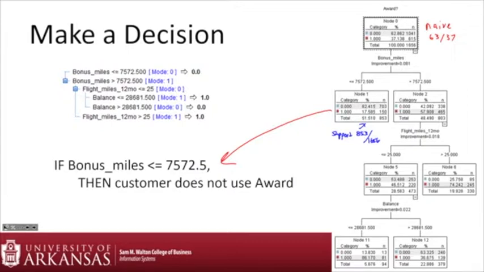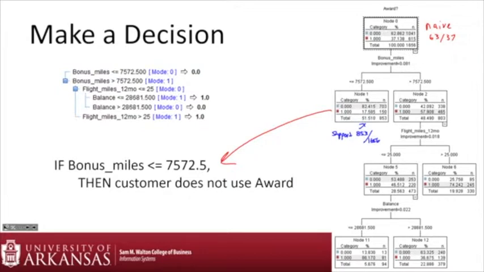Okay. On the next one, however, it's not an 82-17%, right? Now it's a 40-60 split. It's like, you know what, there's going to be something else that we can split this on. So if you're making more than 75,000 bonus miles, then now let's split by the number of flight miles over the past 12 months.